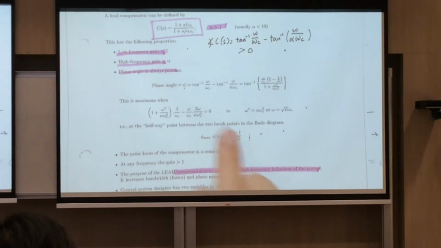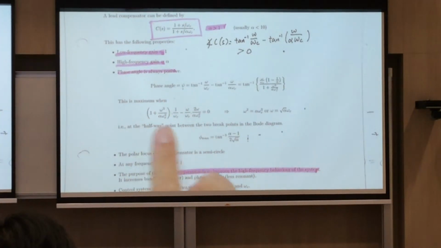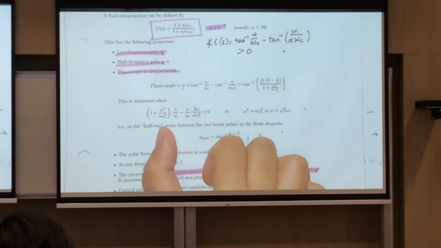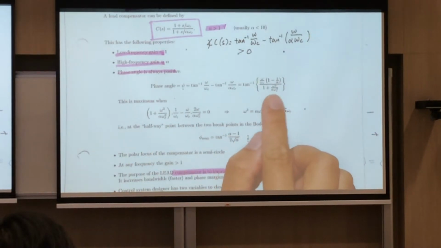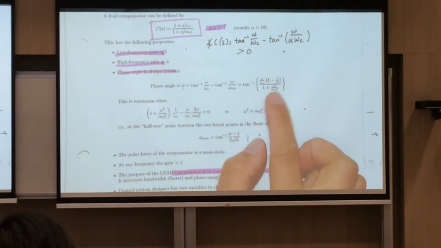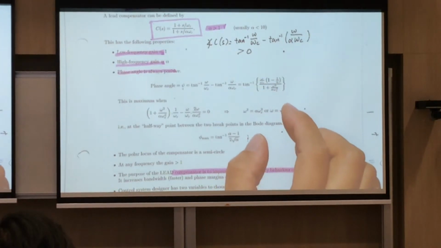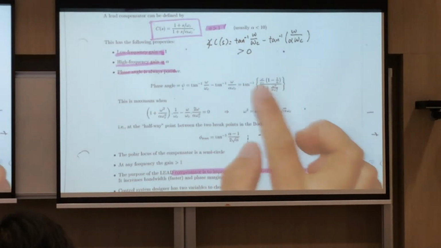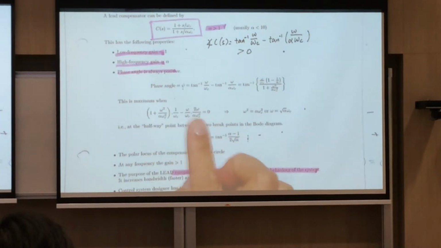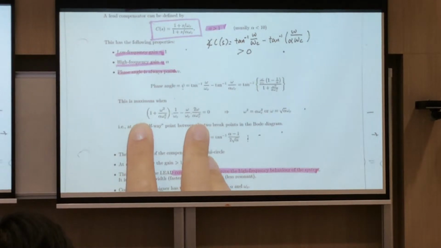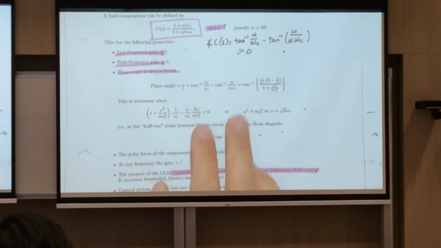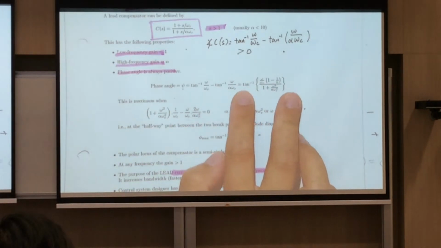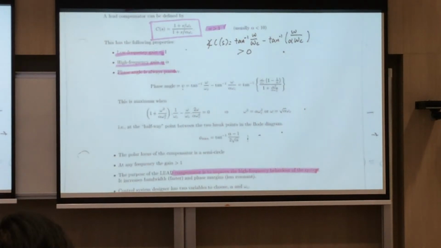I will say that the phase angle is maximum when 1 plus omega squared over alpha omega squared, which is on the denominator, is what you have. My numerator and denominator give the phase angle, so you want to find the maximum phase angle.